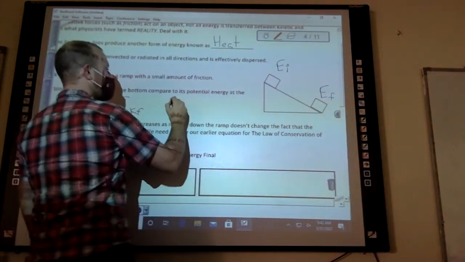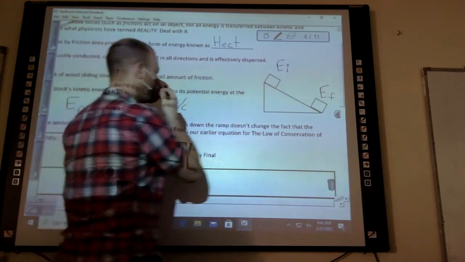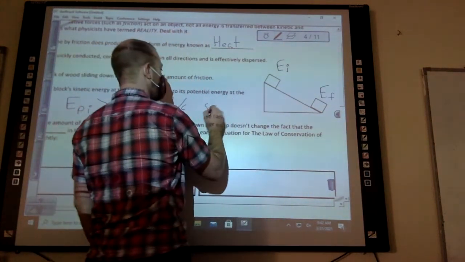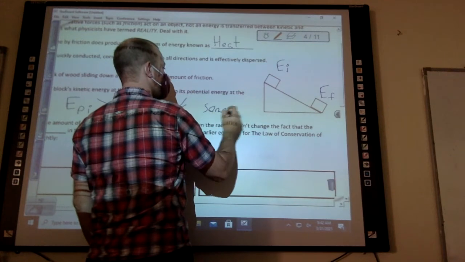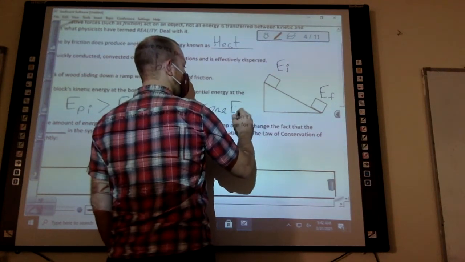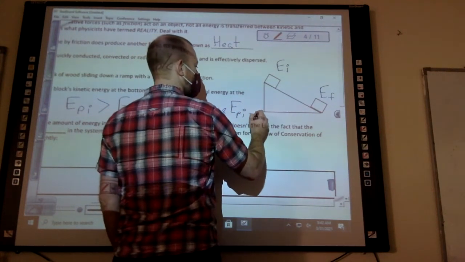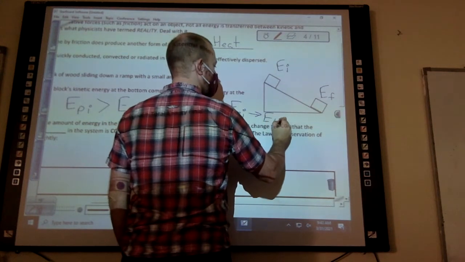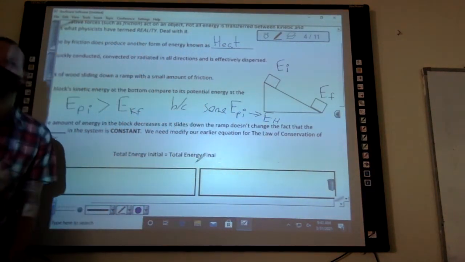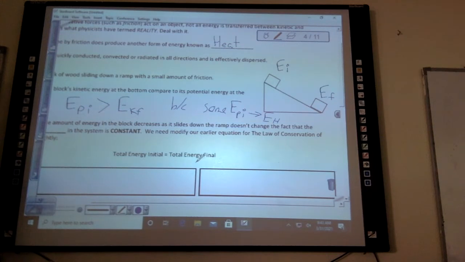So we have this because we have some EPI gets converted into heat. So that's where it goes. Again, not destroyed, just converted. Any questions on this?